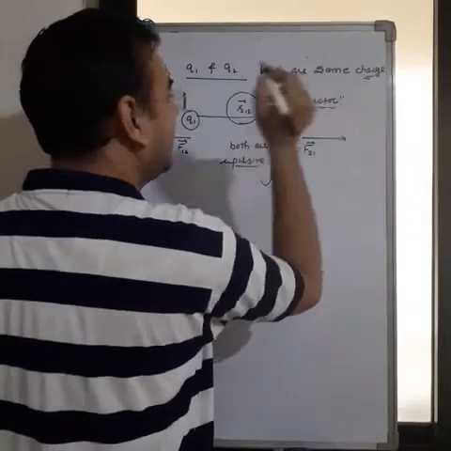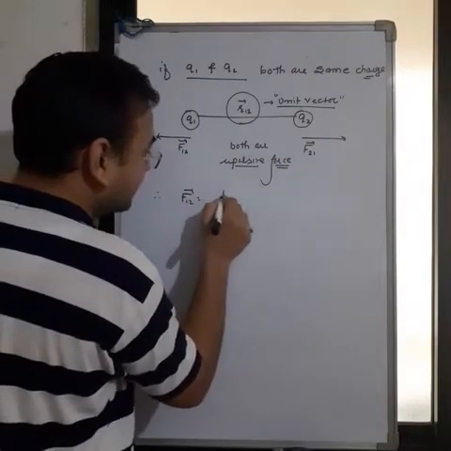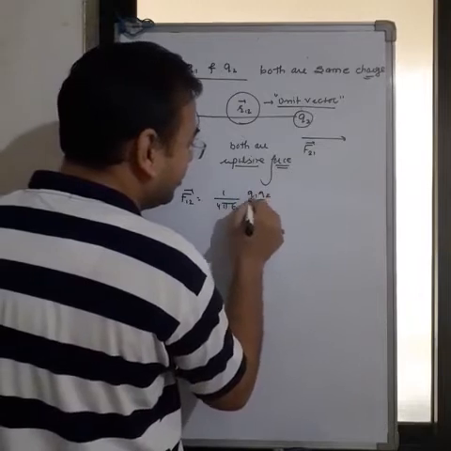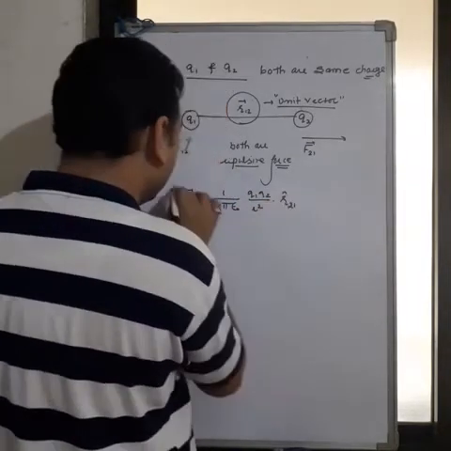So let's explain this in the form of the unit vector. In the form of the unit vector, F12 is equal to 1 upon 4 pi epsilon naught, Q1 Q2 upon R square, into R21.